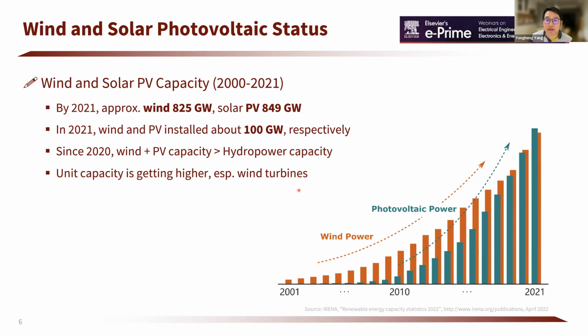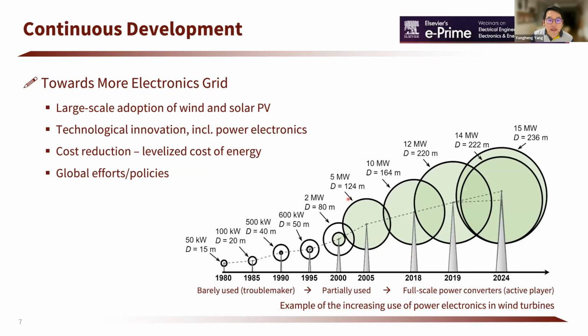Today on the market, there are single wind turbines with a total capacity of around 15 megawatts. That's a significantly huge wind turbine compared to the wind turbines of the past 2 decades. So this is a significant increase.